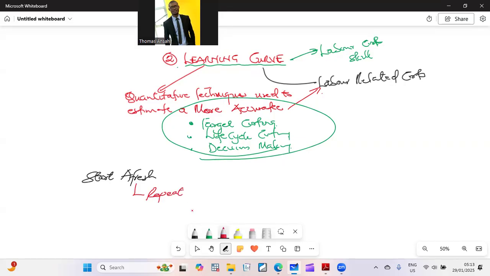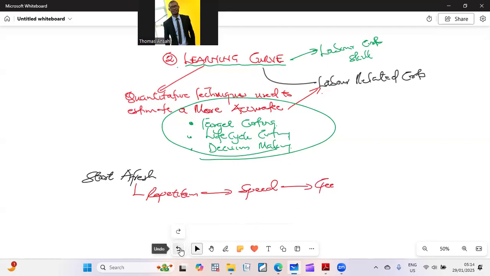So by repeating the activities, they gain speed. And when they gain speed, they start getting better at what they do.